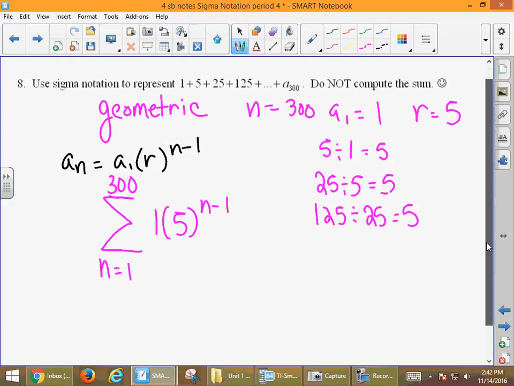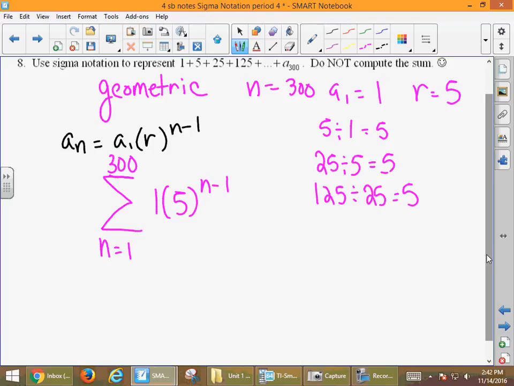I kind of did it in two steps in one, because I did the nth term within the sigma notation, but because it's 1 times this value, we don't really need to write the 1. To get the value beside the sigma Greek letter, a sub 1 was 1, our common ratio was 5, and then n minus 1, because we have to find the equation for the nth term, and then put it into sigma notation.